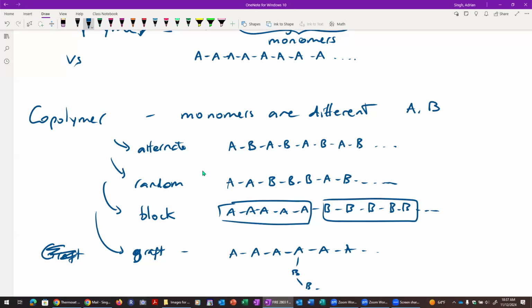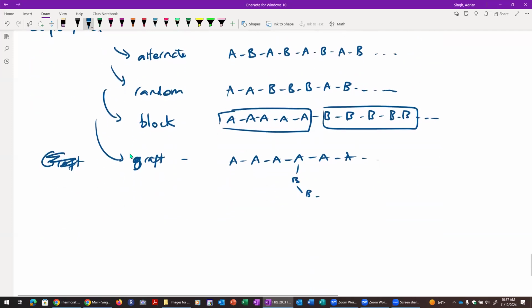So the most commonly encountered of these families, the ones that you'll see most frequently, of copolymers is the terpolymer, made up of 3 components.